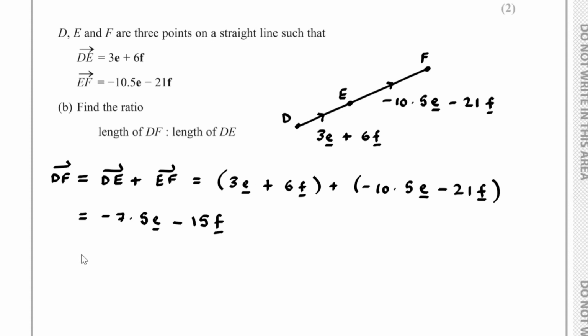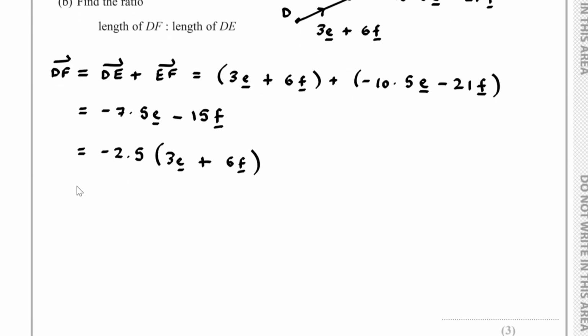And if I factorize out A minus 2.5, then I have 3E plus 6F. And so therefore DF is equal to minus 2.5 DE. In other words, minus 5 over 2 DE.